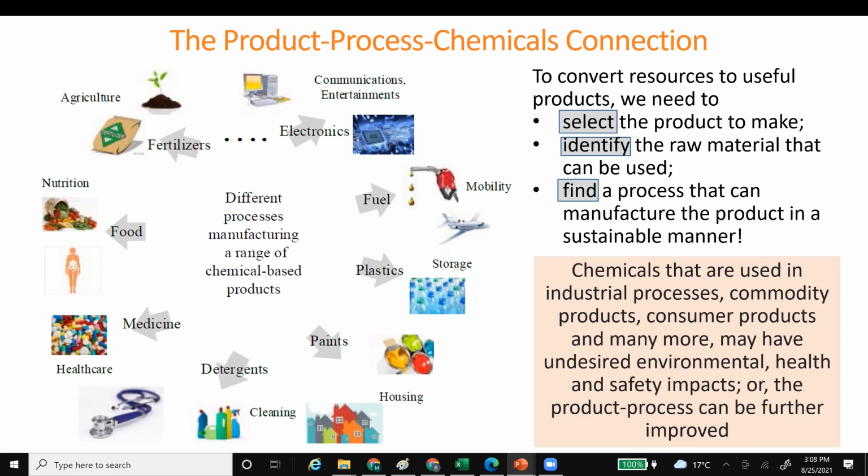So we have chemicals in all aspects, and some of these chemicals may have undesired health, environmental, or safety impacts, or compared to a competitor, we could say that we can improve the process by replacing one or more of the chemicals. So the business issue can also get into it in terms of chemical substitution. So that's what I would say, the product process connection with the chemicals.